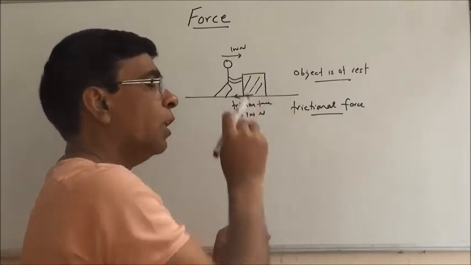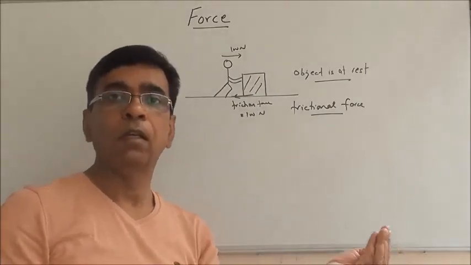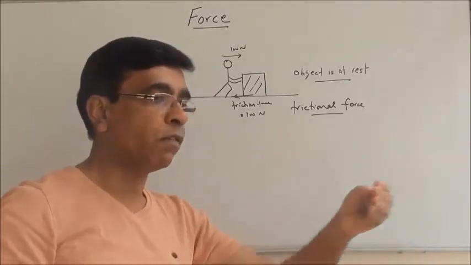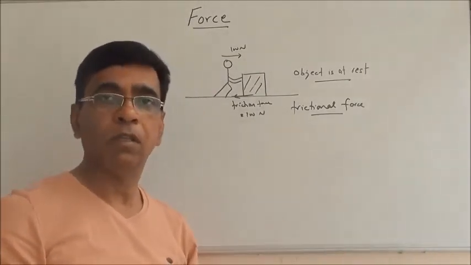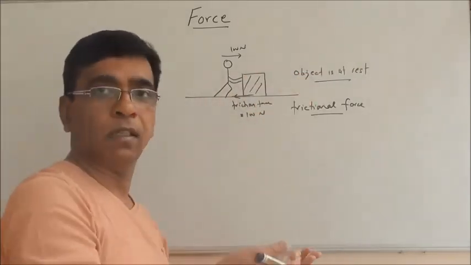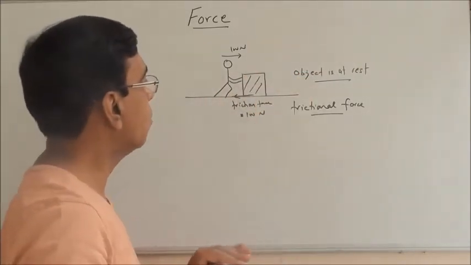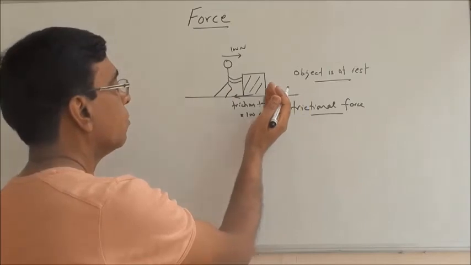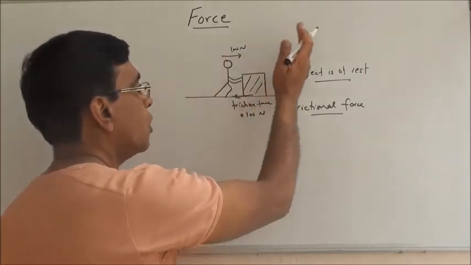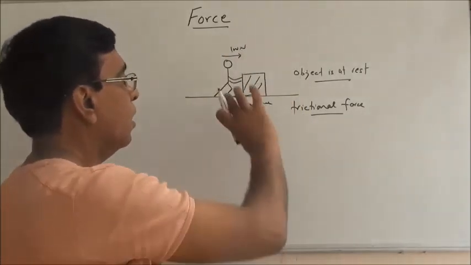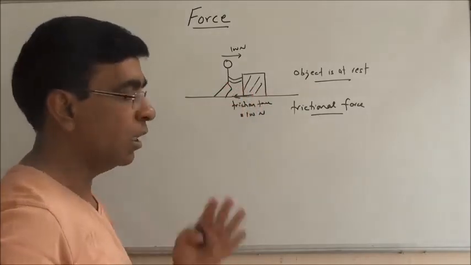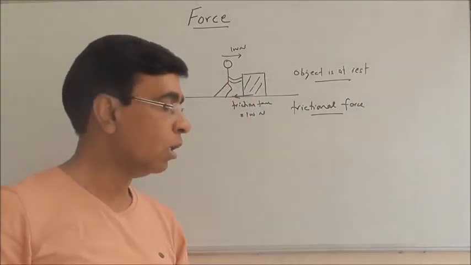So long as the body is not moving, the applied force and the frictional force will be equal. That's why there is no acceleration, because the forces are balanced. Friction force is in this direction, push is in this direction, and these two cancel out. That's why the body is not accelerated.